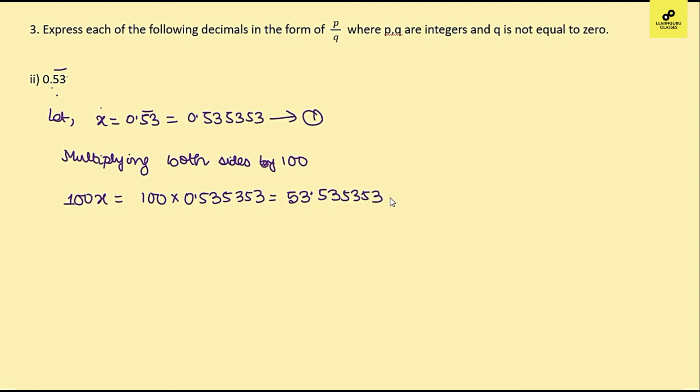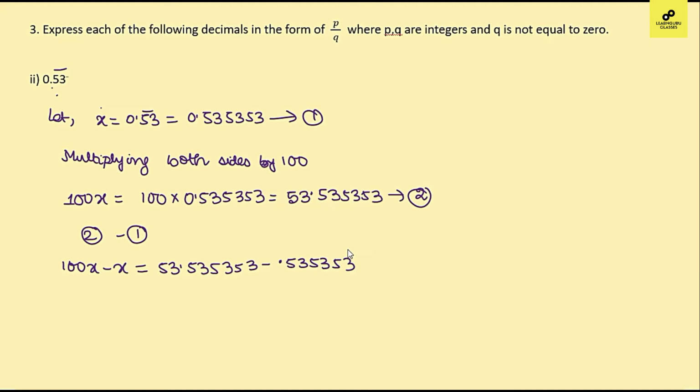Okay, we call that equation 2. So 2 minus 1 gives 100x minus x equals 53.5353 minus 0.535353.